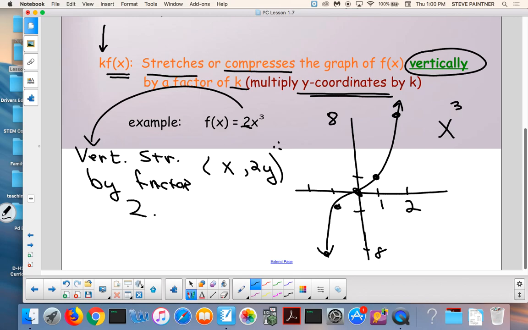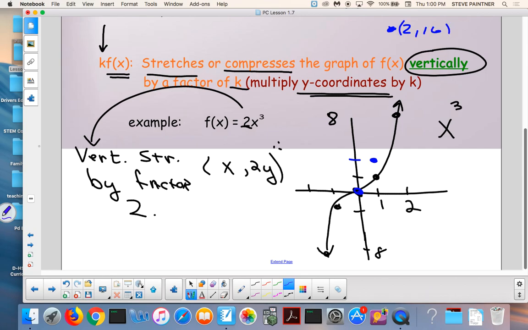Okay, ready? Let's do it. 0, 0 would become 0, 0. It doesn't move. That's not much of a stretch, is it? Okay, but what about 1, 1? 1, 2. So stretch means make it farther away from the x-axis. 1, 2. What does 2, 8 become? 2, 16. Way up here.